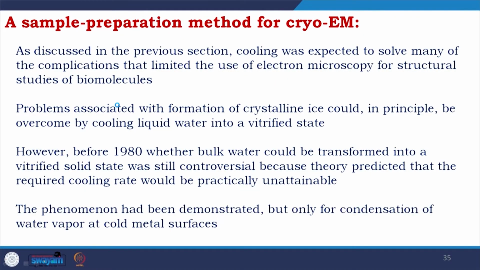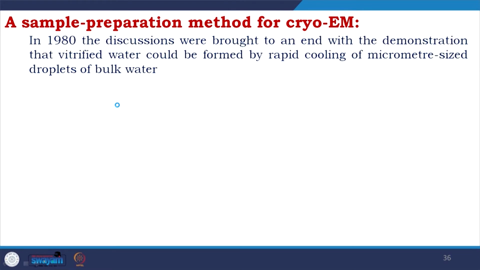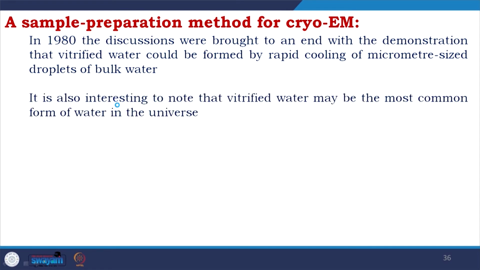The phenomenon had been demonstrated, but only for condensation of water vapor at cold metal surfaces. In 1980, the discussions were brought to an end with the demonstration that vitrified water could be formed by rapid cooling of micrometer size droplets of bulk water. It is also interesting to note that vitrified water may be the most common form of water in the universe. So, what we want to achieve is actually the most common form of water.